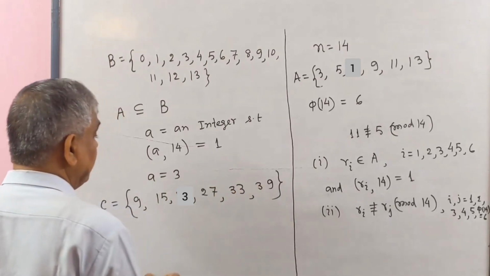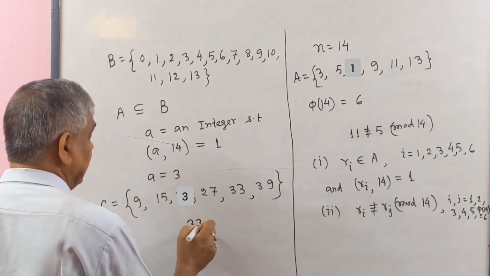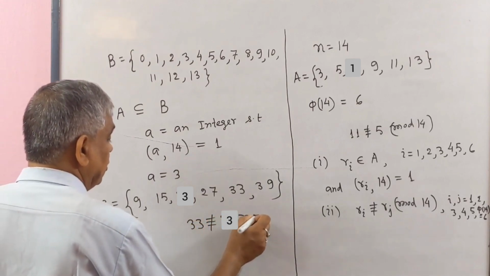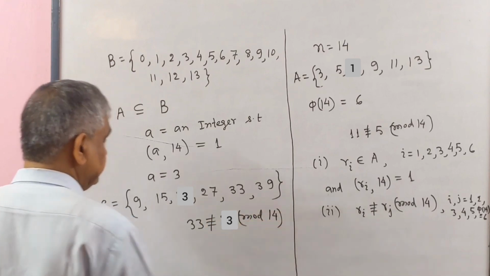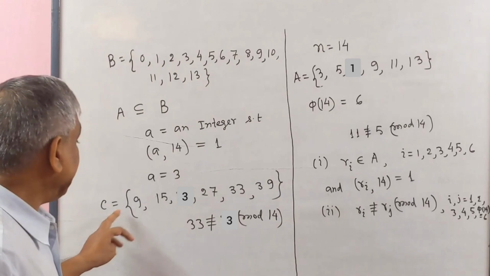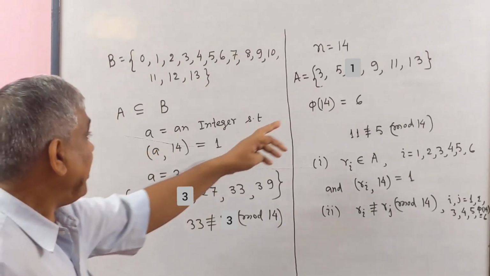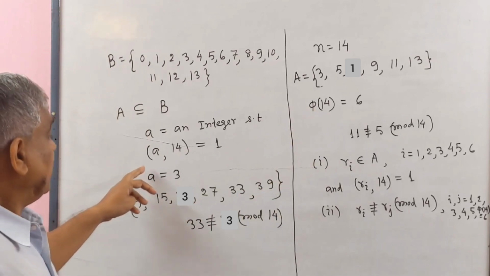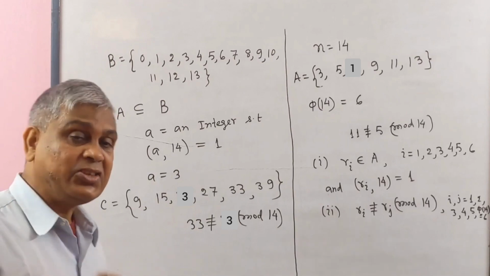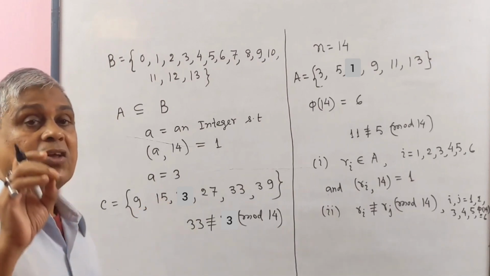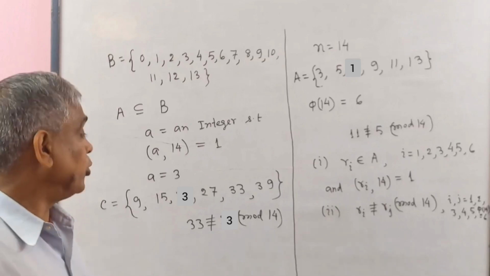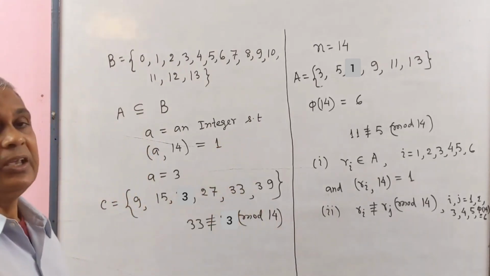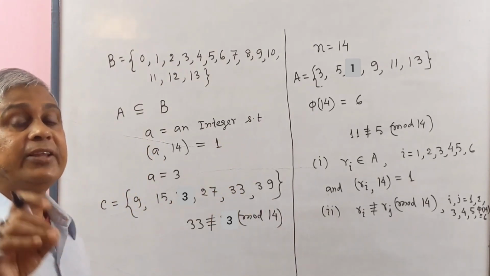Since randomly we may take that 33 is not congruent to 3 modulo 14. Therefore, the set C contains phi of 14 number of integers, and each integer of C is relatively prime to 14, and no two integers of C are congruent to each other modulo 14.